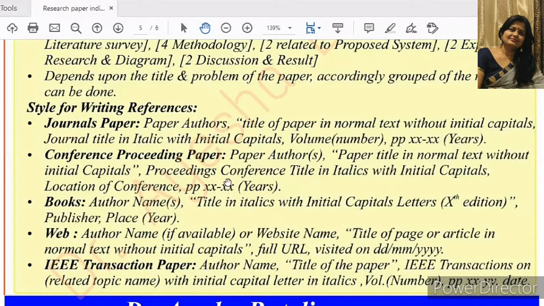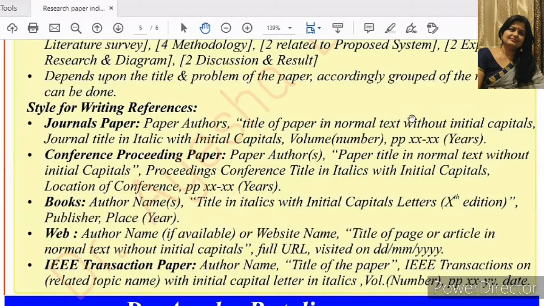Coming to the format, if it's a journal paper, you need to specify the authors. Generally, we refer to 3 authors, and if there are more than 3 authors, we say et al. That means there may be more than 3 authors, but to avoid making the reference too lengthy, we put a maximum of 3 authors and say et al.